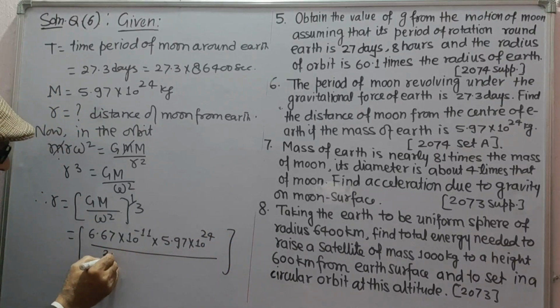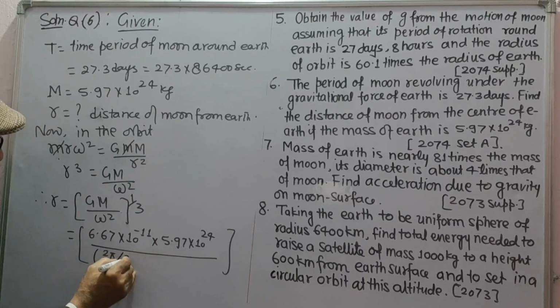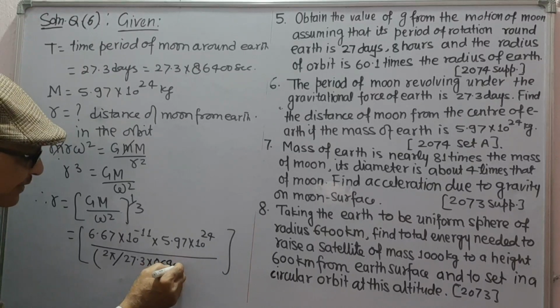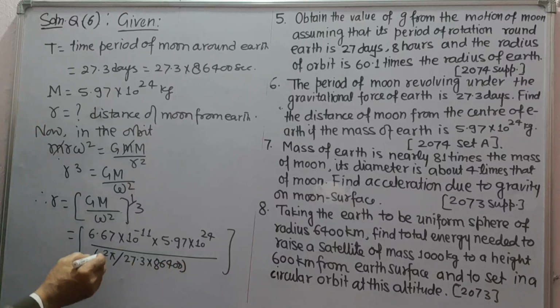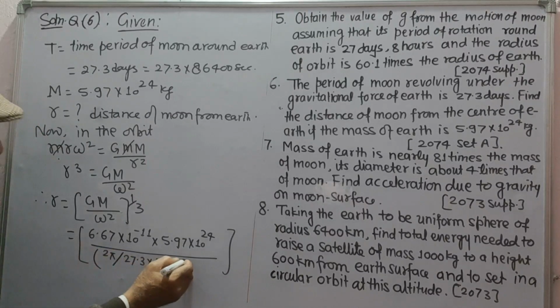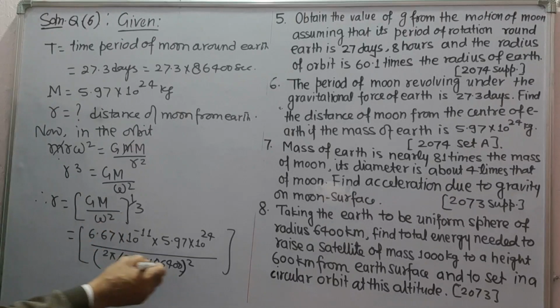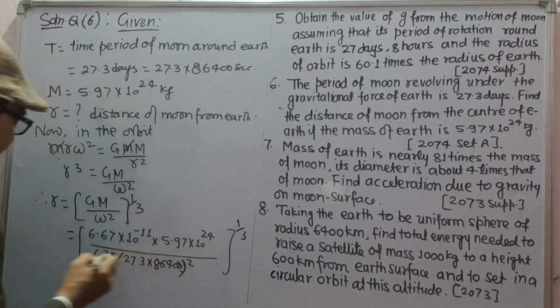Omega is 2 pi by T. T is 27.3 into 86,400 seconds. Squared, this is 2 pi by T, meaning omega square, and the whole power 1 by 3.